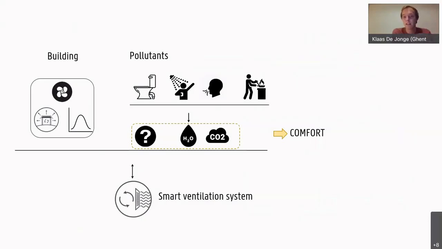They shower, they clean, they cook, they breathe, and they go to the toilets. And all of that produces pollutants. The pollutants that are included in the simulation at this point are CO2, H2O, and a toilet tracer. So it's basically a tracer that can simulate the smell if you go to the toilet, because you don't want that smell to go into your building.